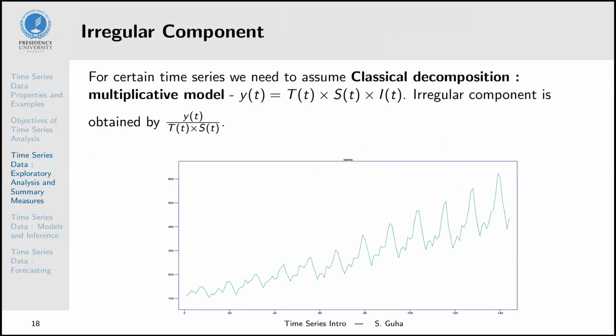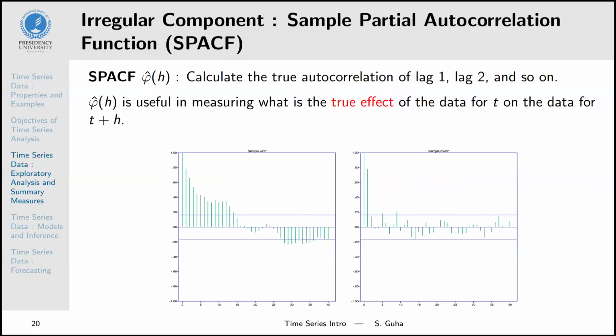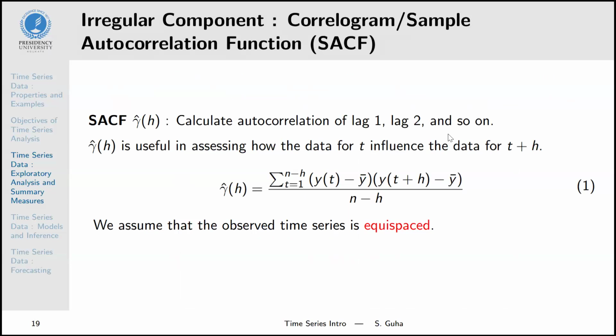When you calculate the sample autocorrelation function of lag 1 or lag 2, suppose you are calculating the autocorrelation of today with the day after tomorrow.